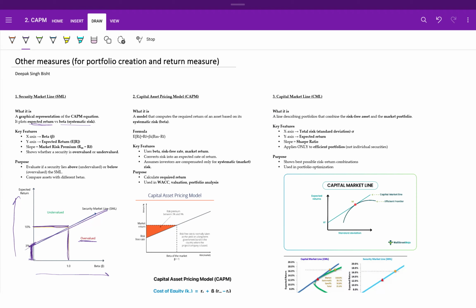The slope is the market risk premium, which is represented by RM minus RF. If you remember, market risk premium is RM minus RF. It shows whether a security is overvalued or undervalued, and the purpose is to evaluate if the security lies above or below the security market line.